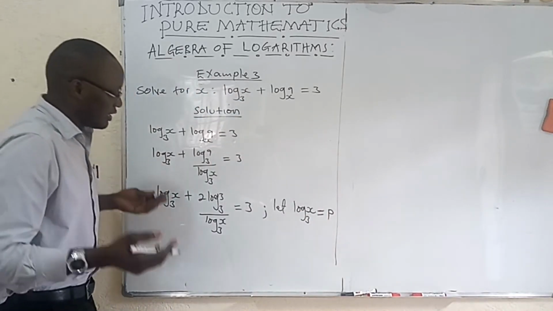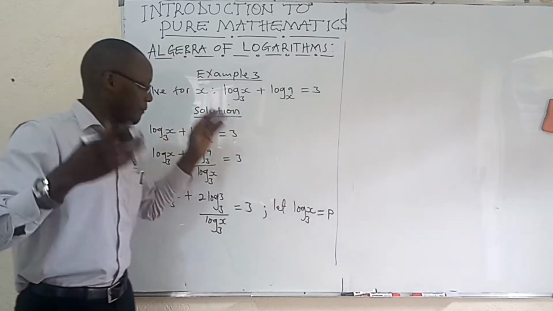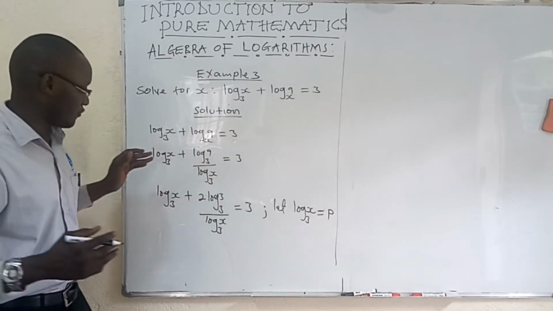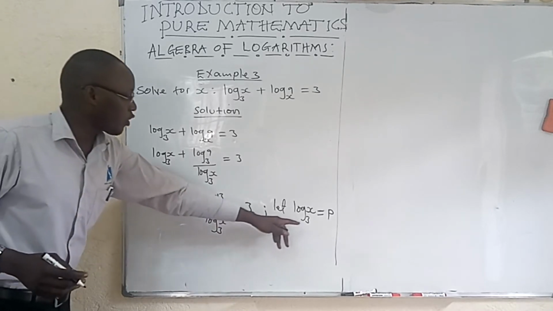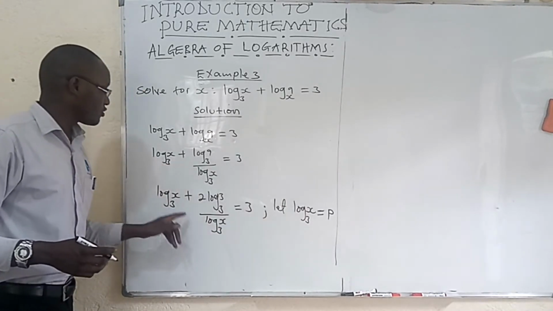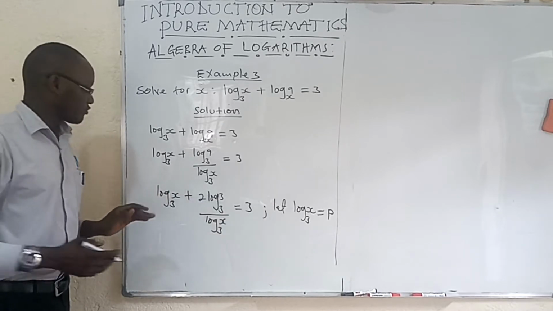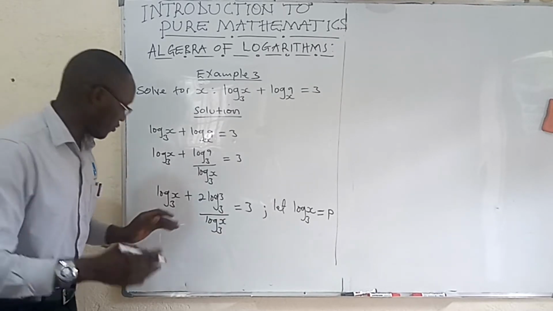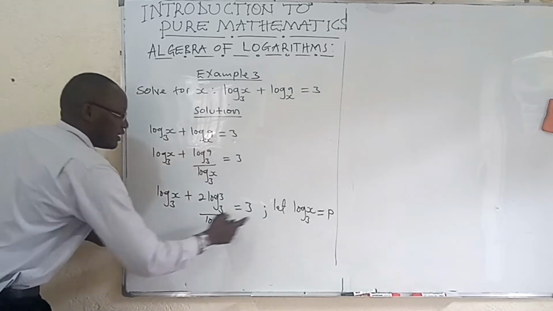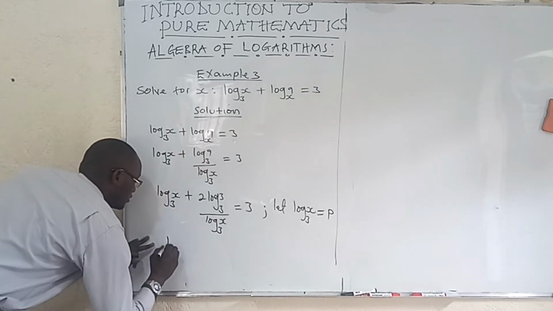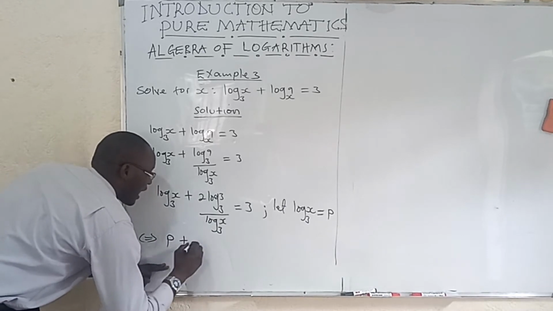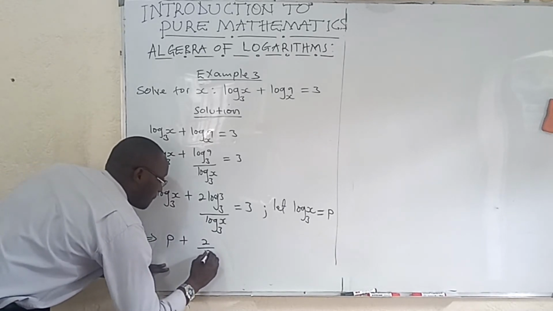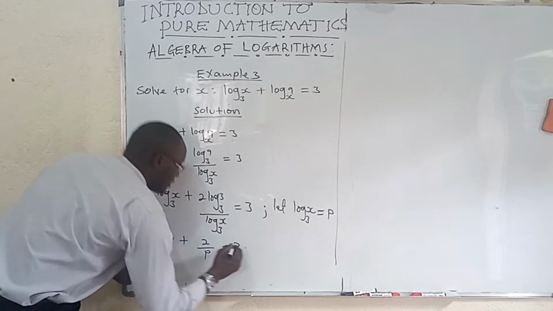You can choose any letter, you can choose z, m, n, anything you feel like. So where I happen to see log base 3 of x, I'm going to substitute it with p. This is going to become an equation without logarithm. Let us substitute. So this implies p plus 2 over p is equal to 3.